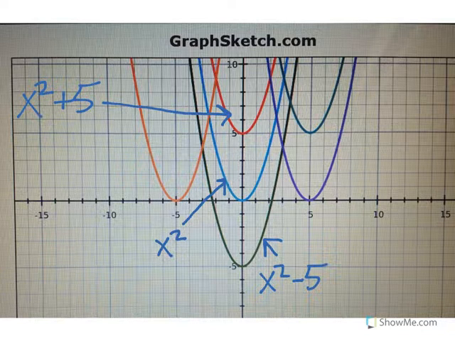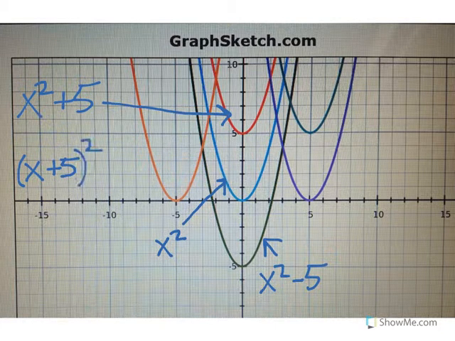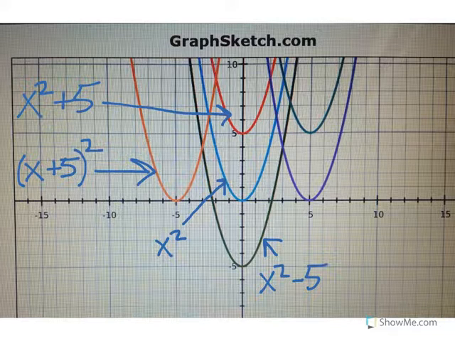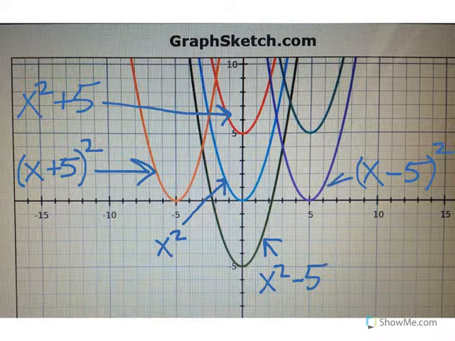Then I tried x plus 5 squared. Added the 5 first, and then I squared it. And I saw, oh hey, that shifts it to the left 5. So when I do plus 5, the vertex is now at -5. And then I tried x minus 5 squared, and now it shifts to the right 5.